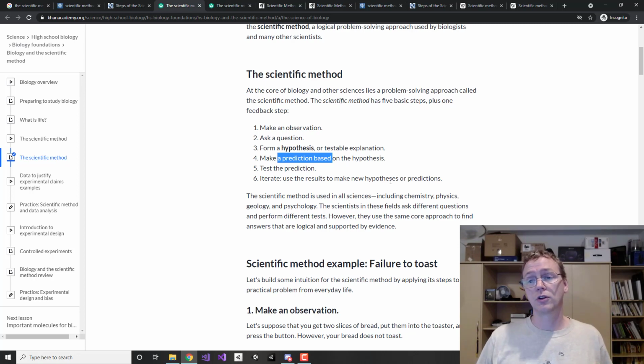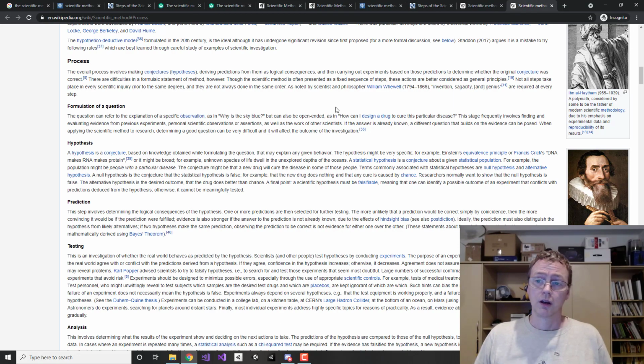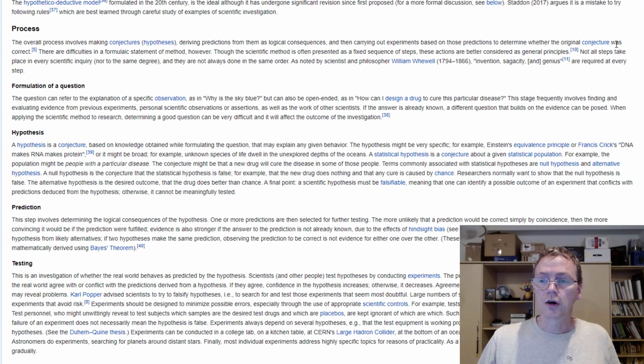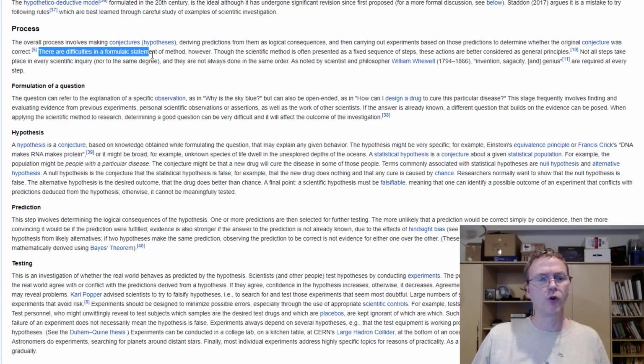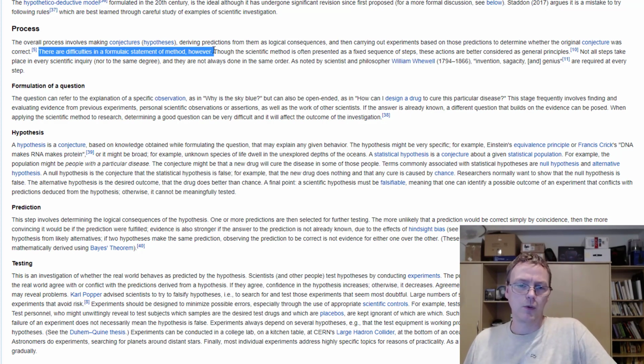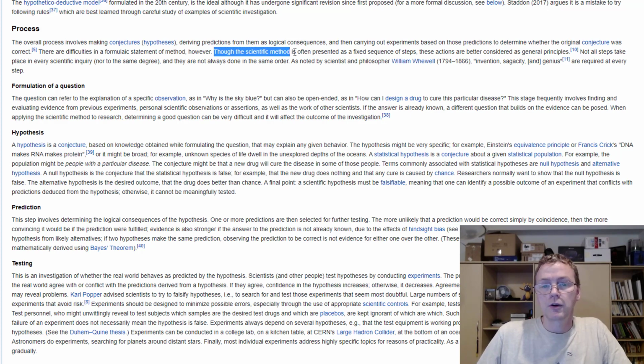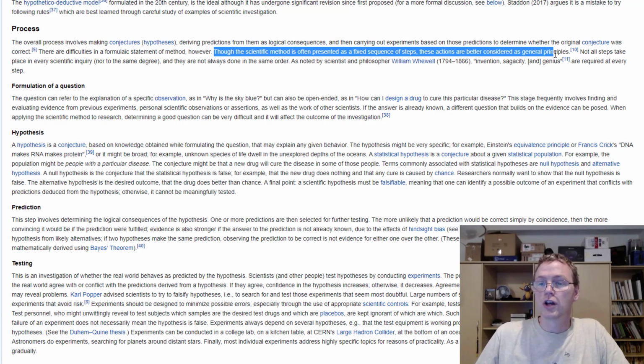Let's go now to the Wikipedia and see what they have to say, because they refuse to give us steps. So let's see here. There are difficulties in a formulaic statement of method, however. Though the scientific method is often presented as a fixed sequence of steps, these actions are better considered as general principles.